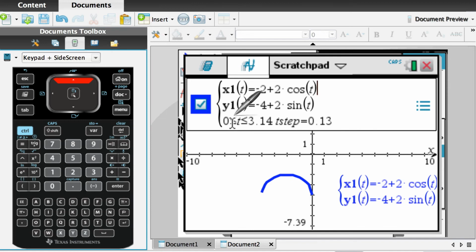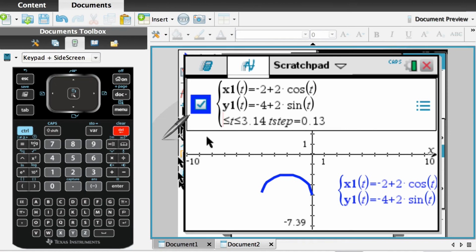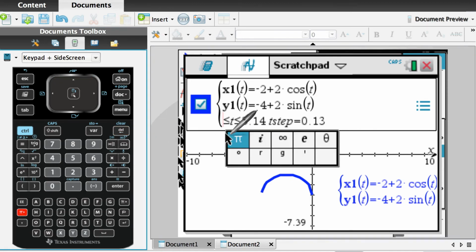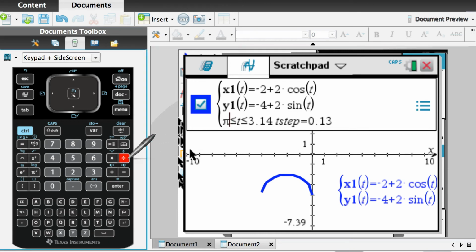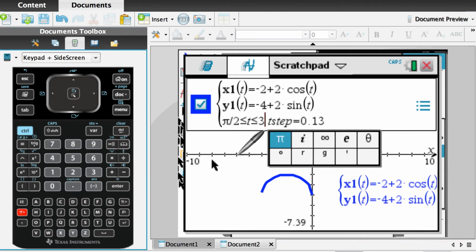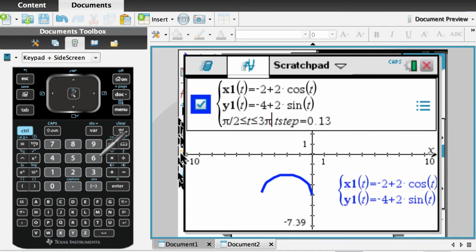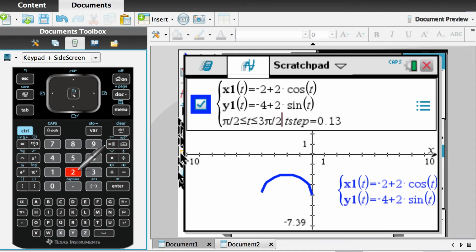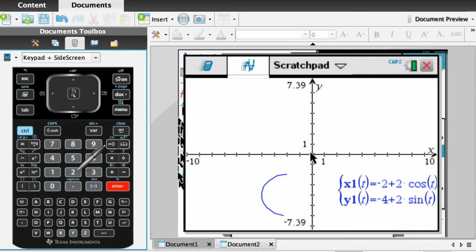We will go ahead and do that again. Pi divided by 2. And then the lower part of our circle is 270. So that's going to be 3 pi divided by 2. And that should give us the left side of the circle.